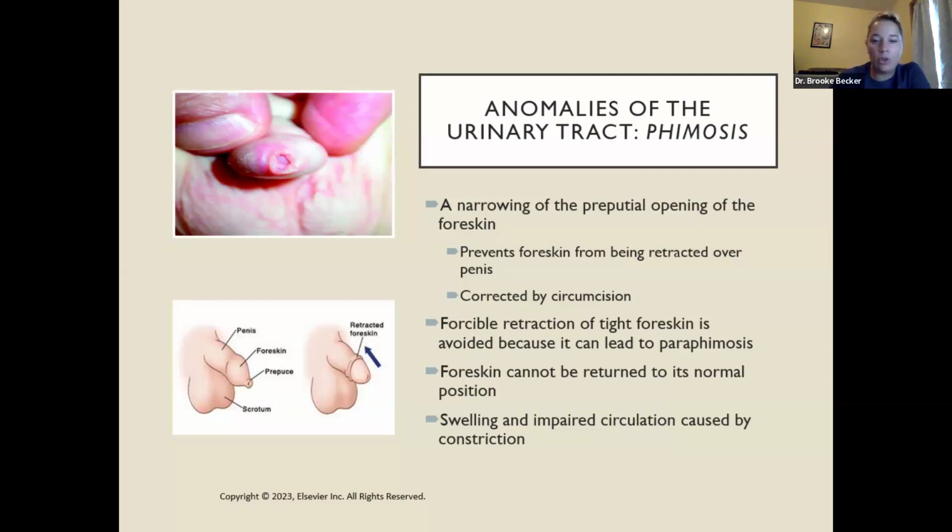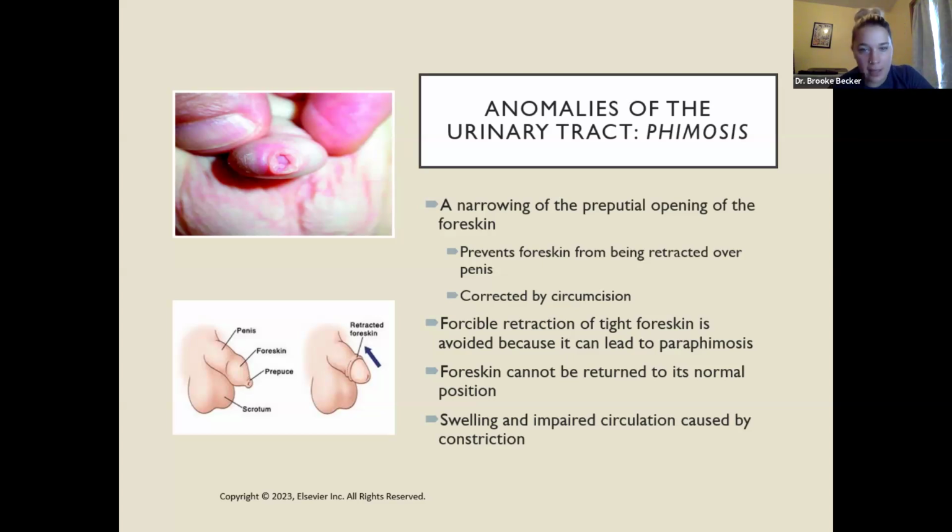Sometimes parents will try to pull back really hard or forcefully, and that can cause more damage. It's called paraphimosis. So then it's worsening inflammation and worsening tightening of the skin, and it'll get really swollen if they continue to do that. And the foreskin will no longer go back to its normal position. So that's why they end up having to do circumcision.